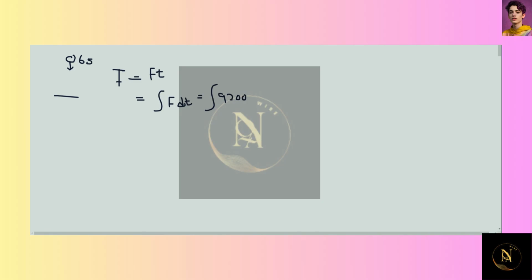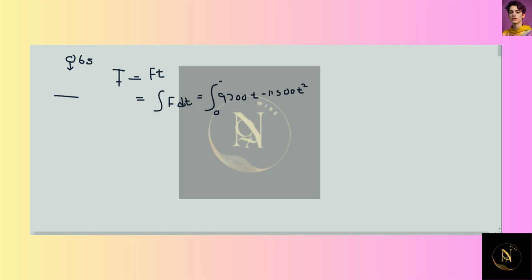9,200 t minus 11,500 t squared. And once you integrate this, this is a definite integral because you're given the bounds.